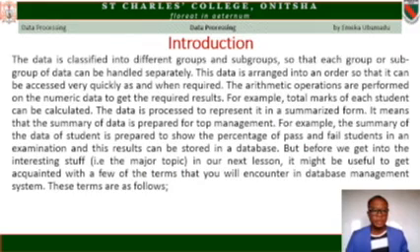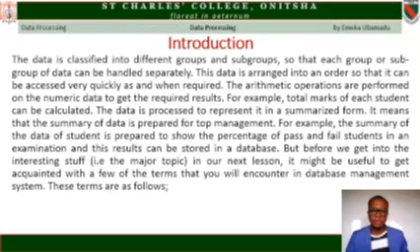Introduction. The data is classified into different groups and subgroups so that each group or subgroup of data can be handled separately. This data is arranged in an order so that it can be accessed very quickly as and when required. The arithmetic operations are performed on the numeric data to get the required results.